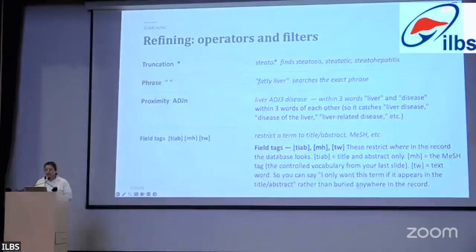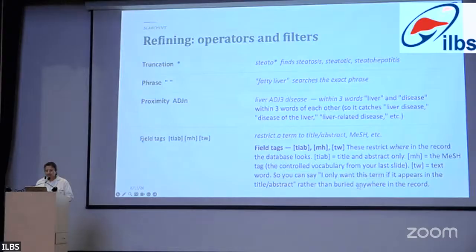Also, for this truncation, they pick 4 alphabets that follow this, and not an unlimited number of alphabets. Then phrases. These are the quotation marks. If I put quotation marks around fatty liver, it will search the exact phrase and not fatty as separate and liver as separate. These are 2 of the most common operators used in the search strategy.